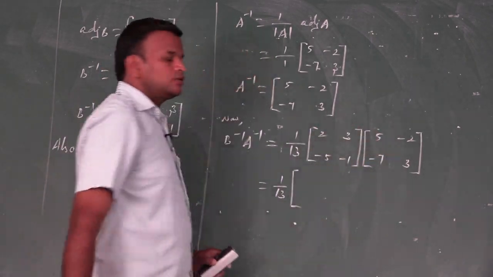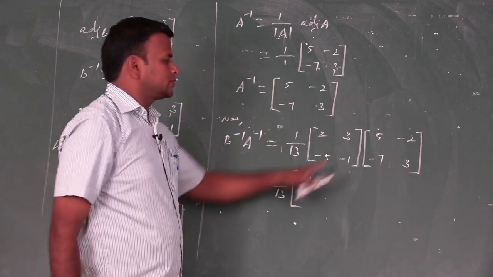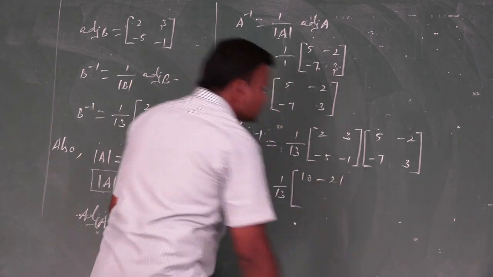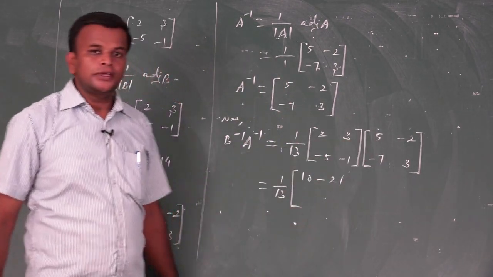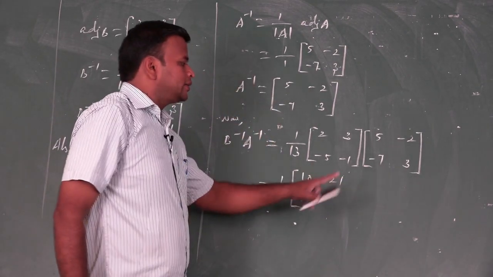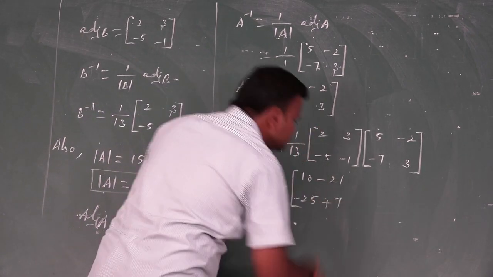2, 5. 2 5s are 10. Minus 3 into minus 7, so minus 21. Next, minus 5 into plus 5 is minus 25. And minus and minus, plus 1 7s are 7.